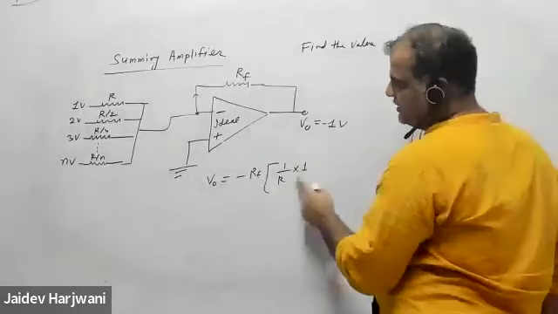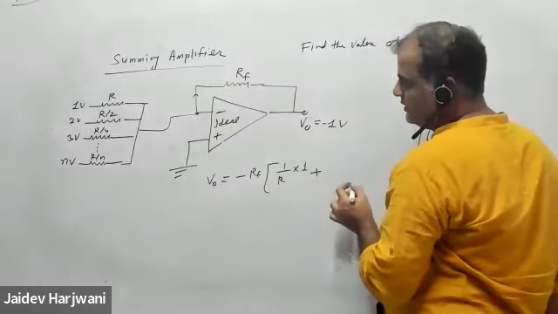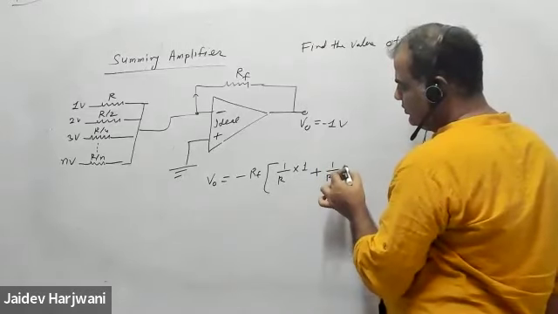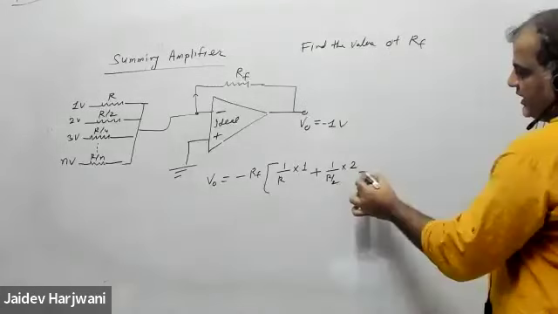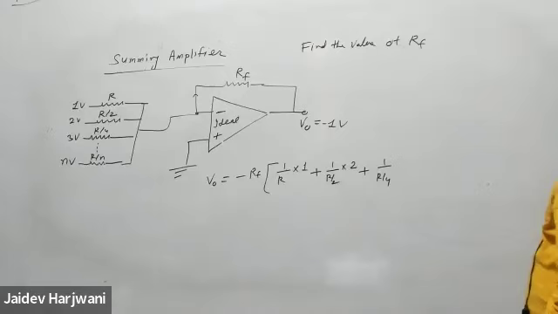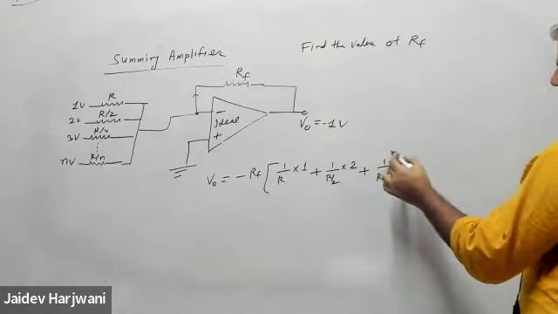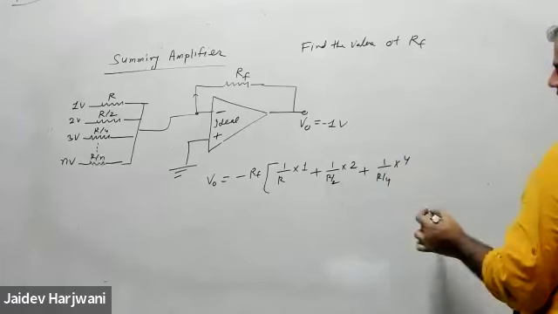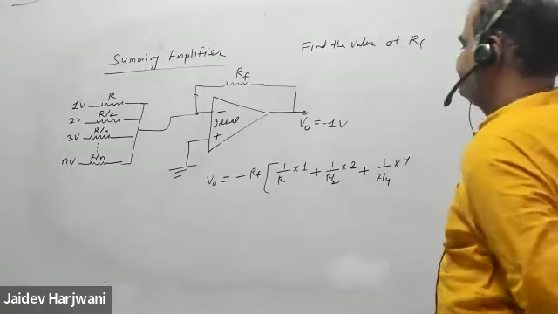Minus RF by R into first input, then plus 1 by R by 2 into 2 volts. Then I have 1 by R by 4, which will become RF by R by 4 into 4. And similarly, correct or not?